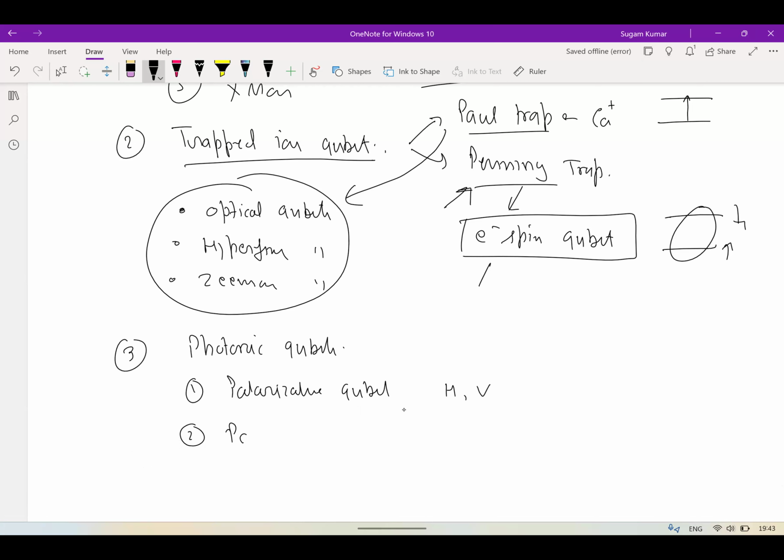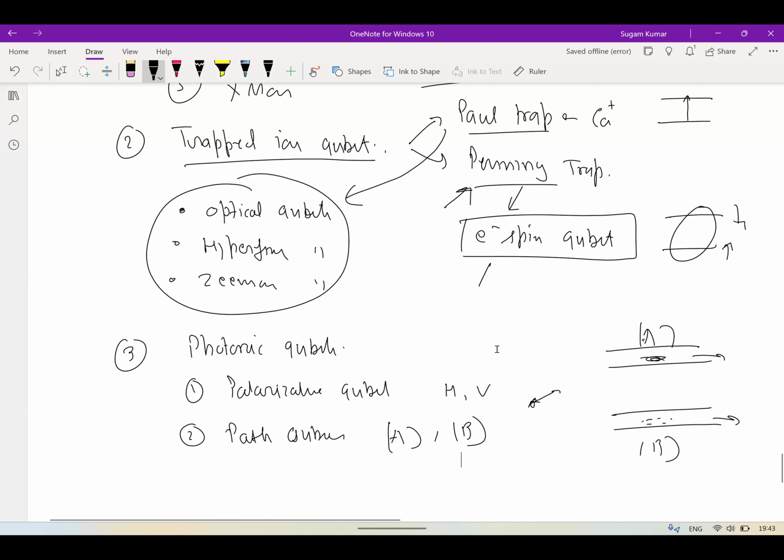You can even use the path qubit. That means there are, let us say, two optical fibers, and you shine one single photon. It can go in this one or this one, you never know, so they can be in a superposition. Which path is the photon going? These two paths, path A or path B, can be used as the qubits.